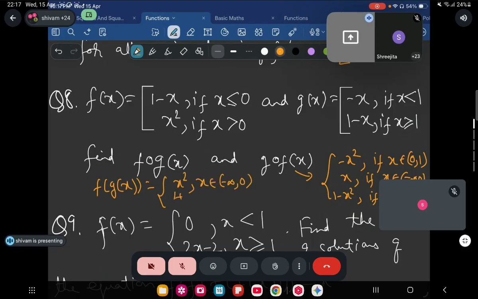It will be equal to 1 plus x if x belongs to closed 0 to 1 open, and it will be equal to x for x belongs to 1 comma infinity.